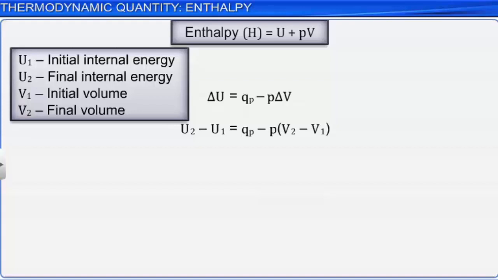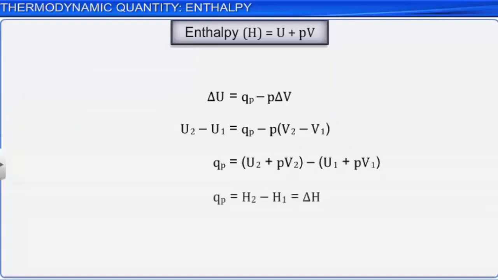The above equation can be written as U2 minus U1 equal to Q_P minus P into V2 minus V1. On rearranging this, we get Q_P equal to U2 plus PV2 minus U1 plus PV1. But we've already learned that U plus PV equal to enthalpy H. Hence, the equation can be written as Q_P equal to H2 minus H1 is equal to delta H. Therefore, delta H is equal to Q_P.